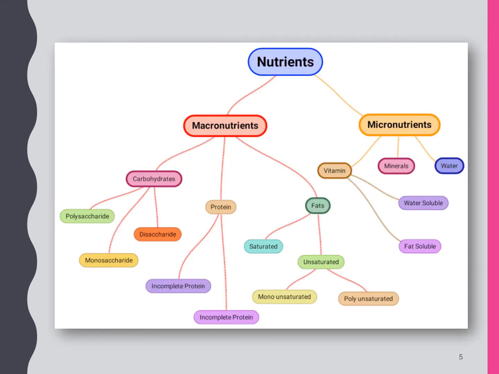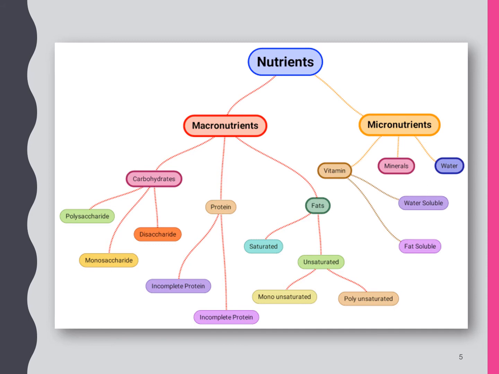Here is a lovely mind map that I put together regarding the nutrients, and there are 2 major categories, macronutrients and micronutrients. And here you can see the macronutrients are divided into those carbs, proteins, and fats, and that carbohydrates are basically our sugars. They come from things in our diet like fruit, sugars, grains, vegetables, nuts, and so on.